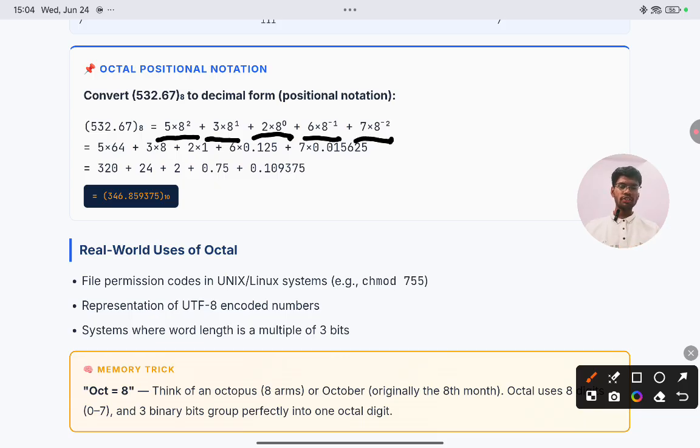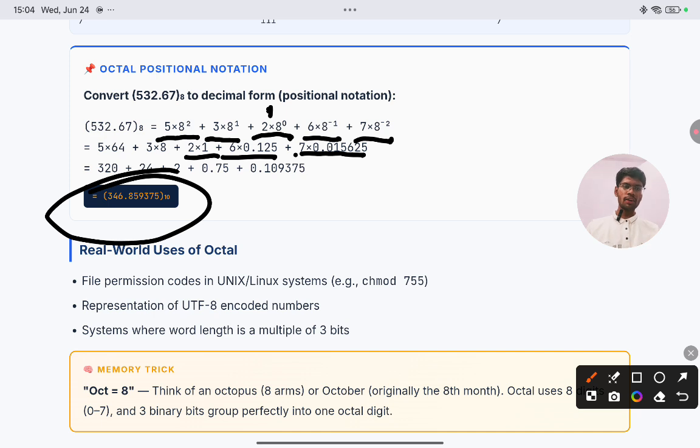And then you do 5 into 64, 3 into 8, 2 into 1, 6 into 0.125, and 7 into 0.015625. Your calculator does this, you add up these values, and at the end you get the result.